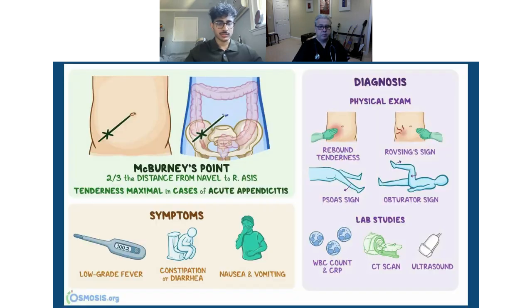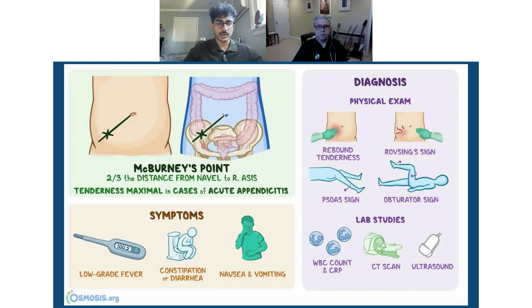So, to get into some of these diagnostic tools that we use, we look at McBurney's point, which is two-thirds of the distance from the navel to the ASIS, which is part of the pelvis. And that's usually a location where the pain is at maximum intensity. And like we discussed, fever, constipation, diarrhea, nausea, and vomiting, and the rebound tenderness and other physical exam findings.